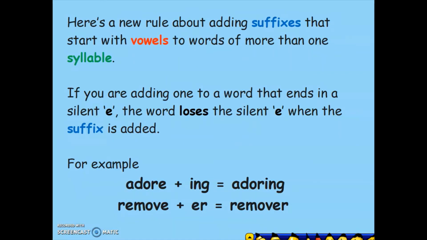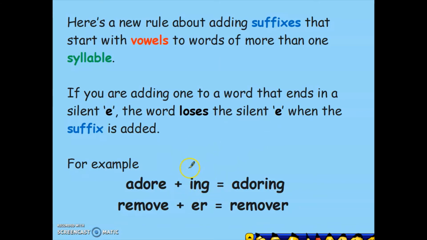Today's rule is if you are adding a suffix to a word that ends in a silent E, then the word loses the silent E when the suffix is added. So adore is a word with more than 1 syllable. It ends in a silent E, and we're going to lose the silent E when we add the suffix.